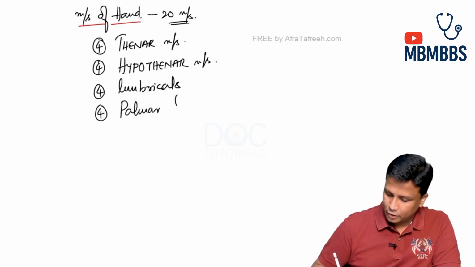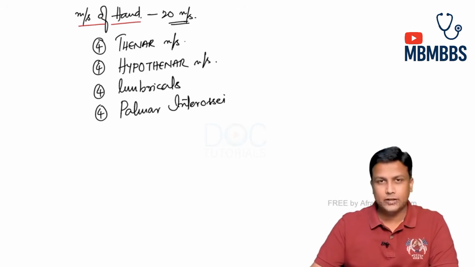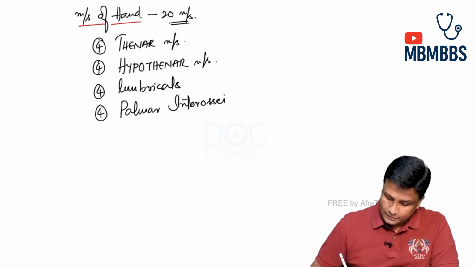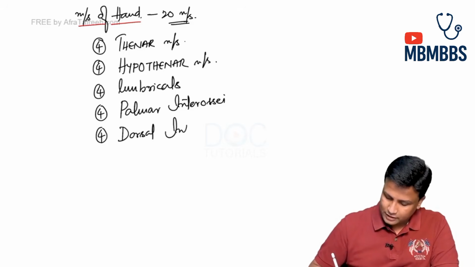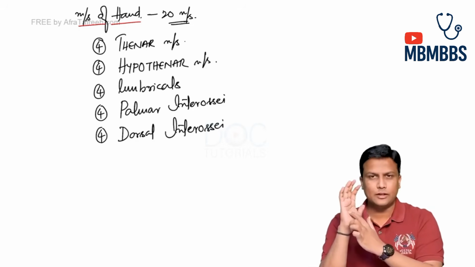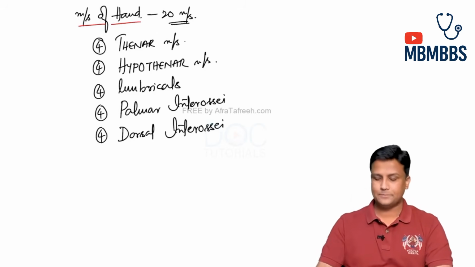That will be palmar interossei. From the name itself, you can understand, guys. Interossei: inter means in between, osseous means bone. And then there will be 4 dorsal interossei. So there will be 4 palmar interossei, and 4 dorsal interossei. So there will be 4 thenar muscles, 4 hypothenar muscles, 4 lumbricals, 4 palmar interossei, and 4 dorsal interossei, guys.